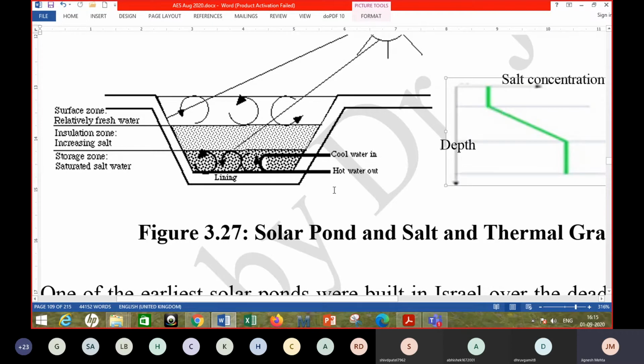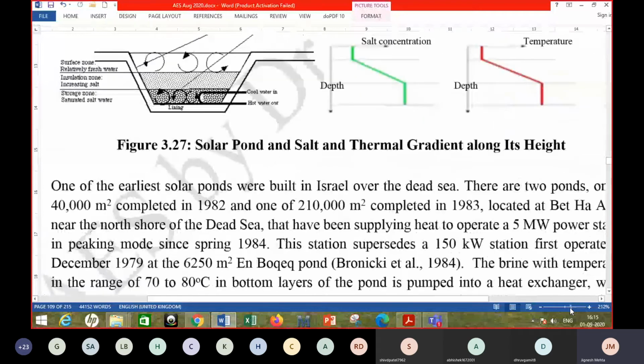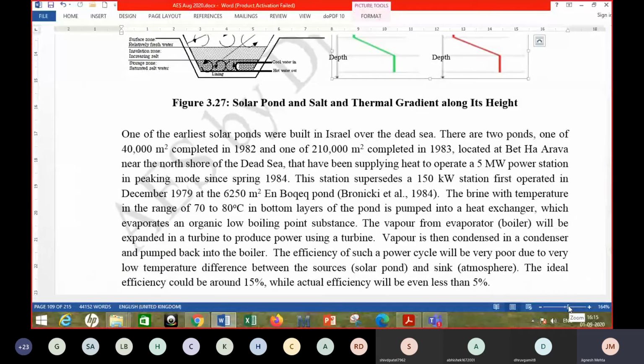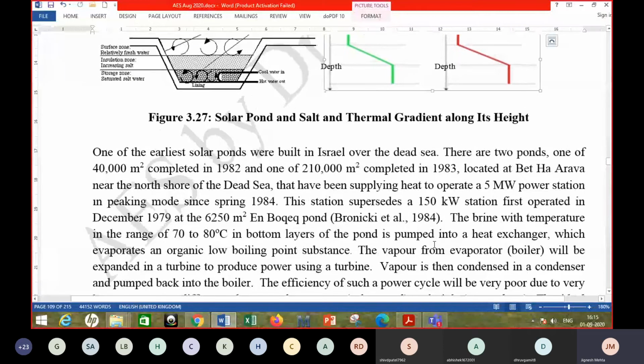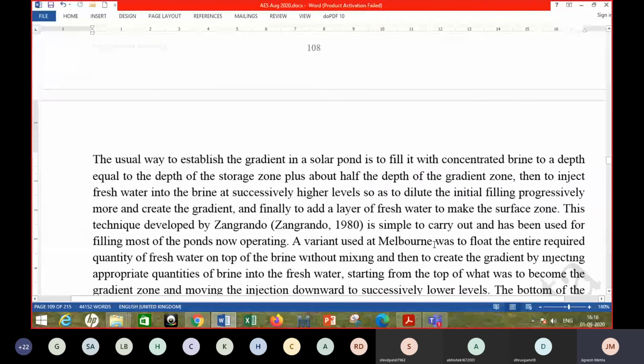So temperatures around 70 to 90 degrees Celsius can be achieved in such a solar pond, and it all depends how much heat you want, and accordingly you can design the size of this device. It's particularly meant for very high capacities.